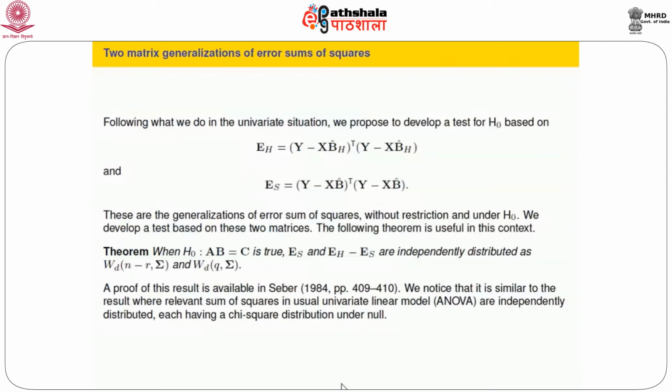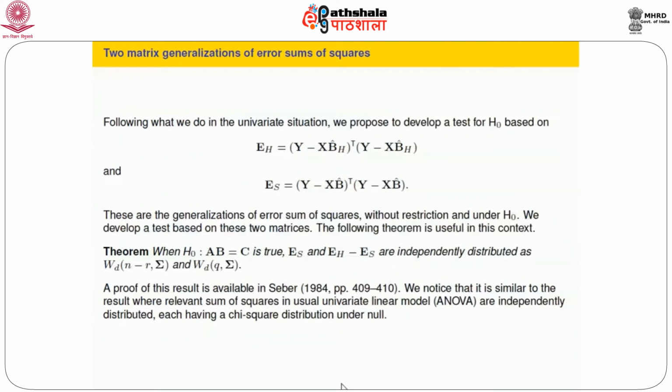What is Q? Q is the rank of A. A proof of this result is available in Seber, which we are heavily following and dependent on in this series of lectures. We should notice that this result is very similar to the result where relevant sums of squares in the usual univariate linear model are independently distributed, each having a chi-square distribution under the null.